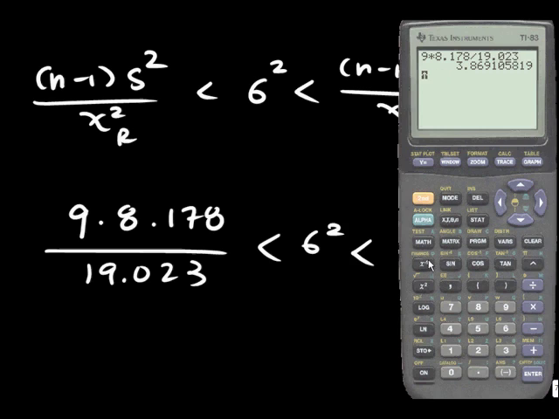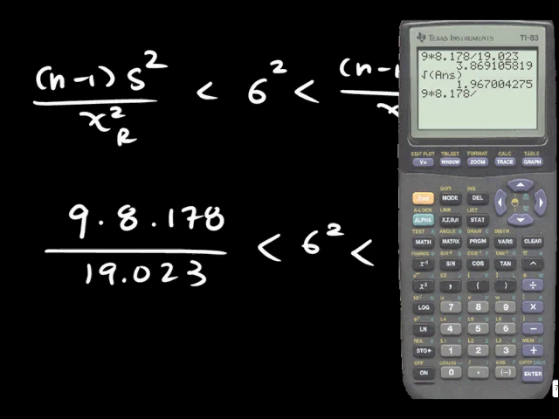And we'll get 1.967. 9 times 8.178 divided by 2.7.